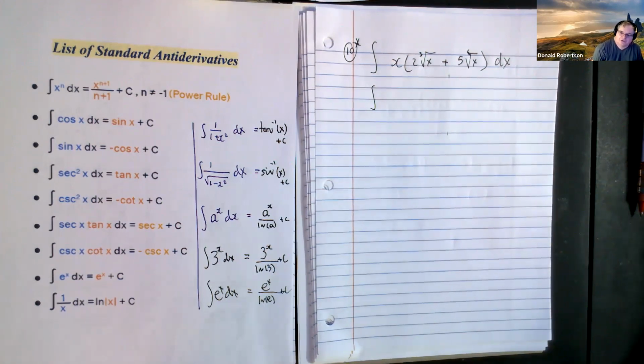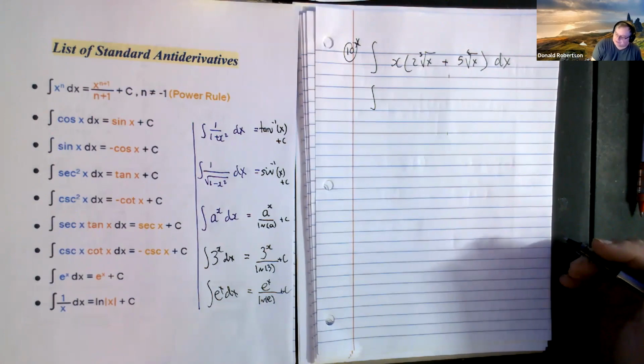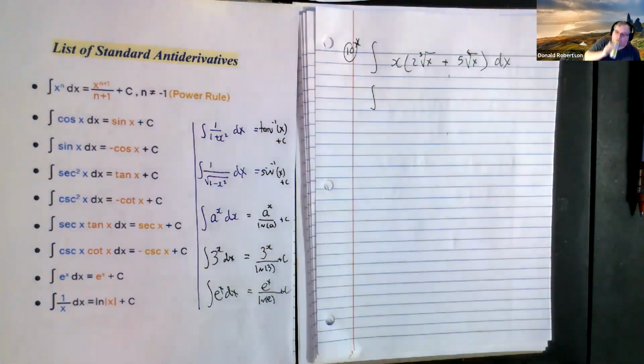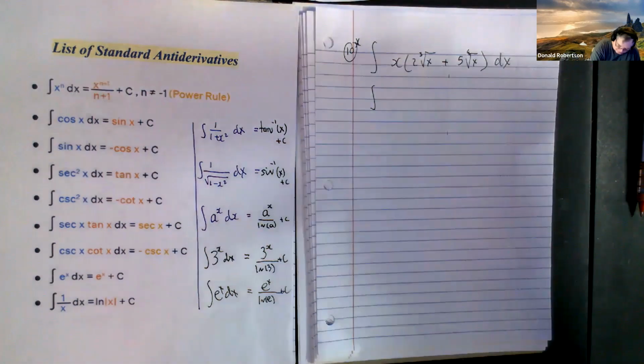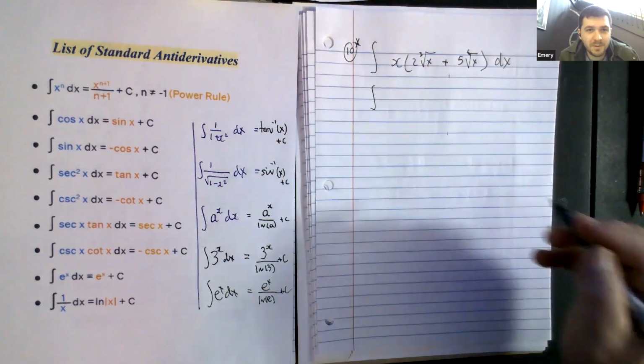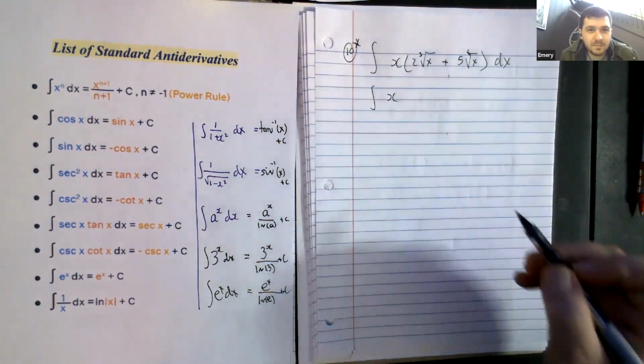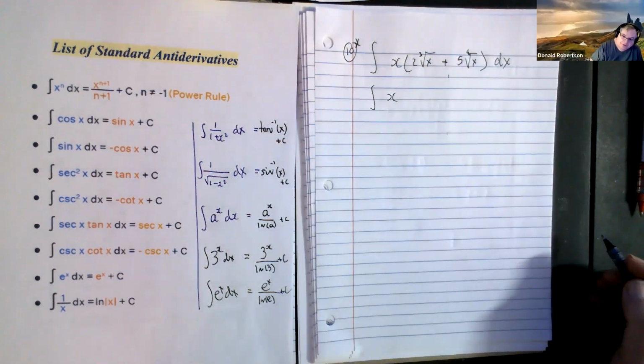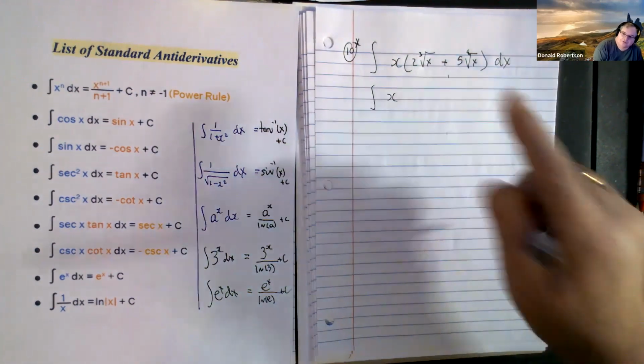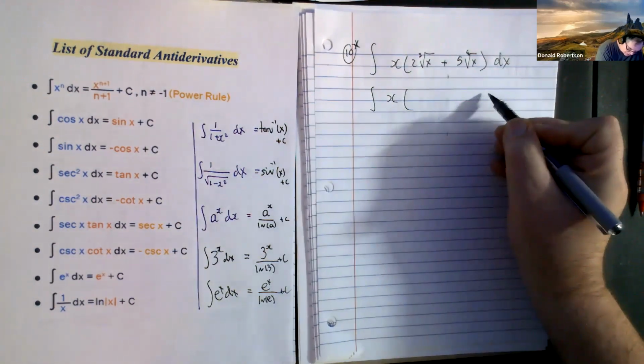Is there anything we can do about writing this in a different form that would enable us to get antiderivatives? Start by distributing the x. We will, but what about this cube root of x? Should I write it in a different format first?